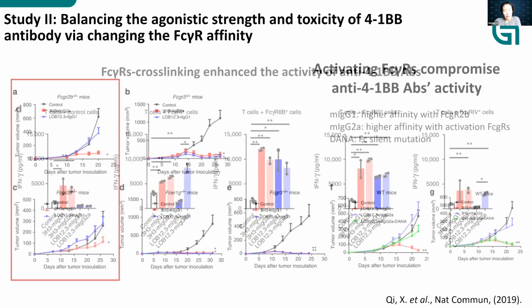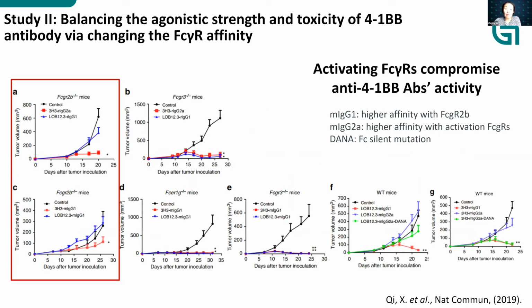So they took another step further. Instead of using a reduced culture system, they use different types of knockout animal for the FcγR.